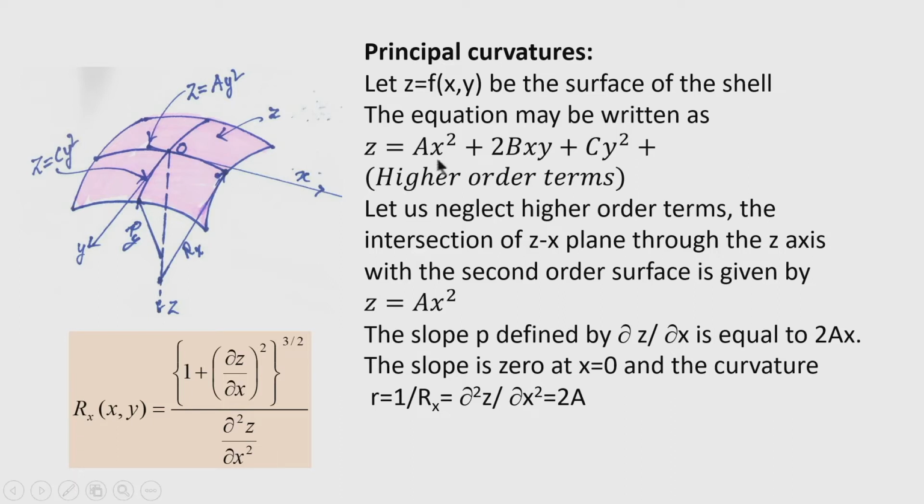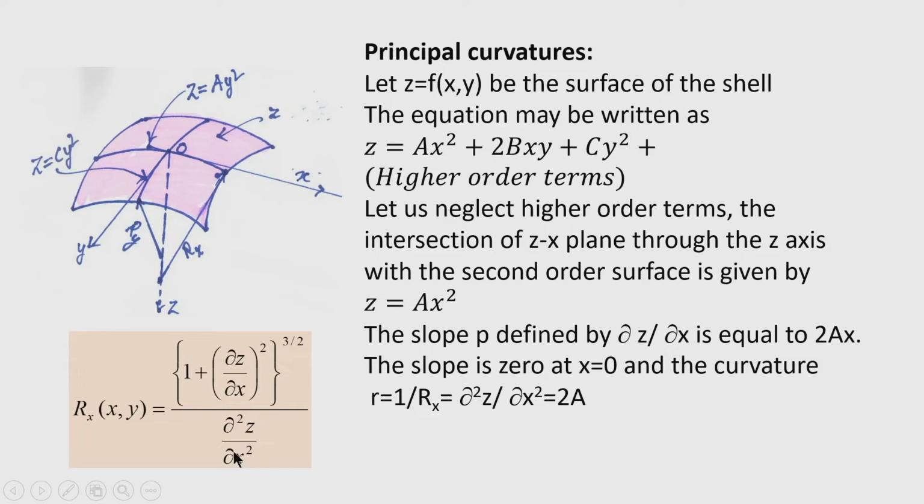Now, you can see the radius of curvature at any point x y on the surface of the curve, which is parallel to the x direction, can be found by this formula that is well known in differential calculus: 1 plus del z by del x square raised to the power 3 by 2 divided by del square z by del x square.